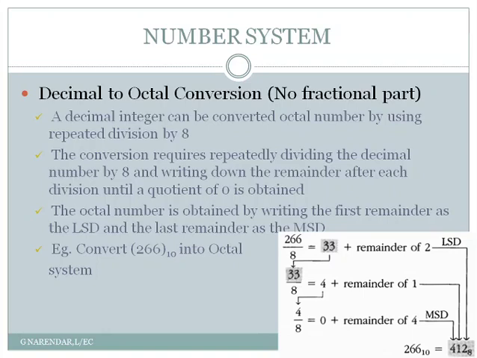And the last remainder becomes the most significant digit, and the starting remainder becomes the least significant digit of the octal number. So this is how we convert decimal to octal when there is no fractional part to the decimal number.